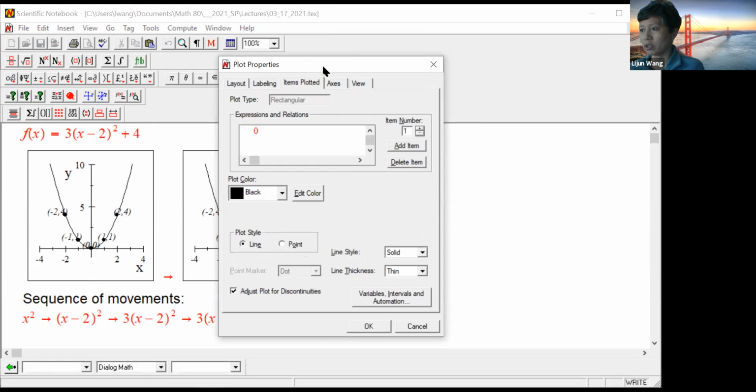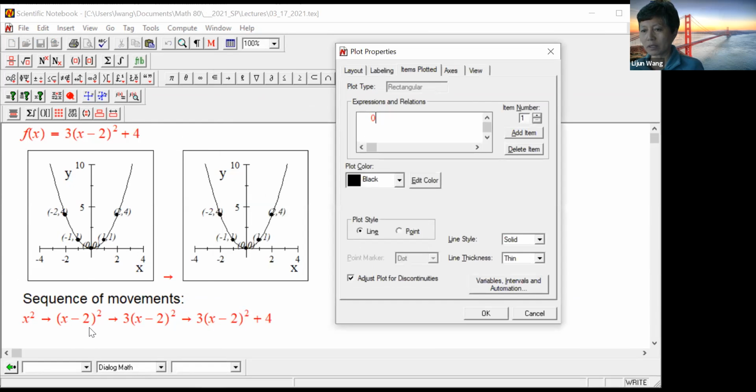Before you see the picture, is this shifting horizontal or vertical? Left or right? Put in your best guess.